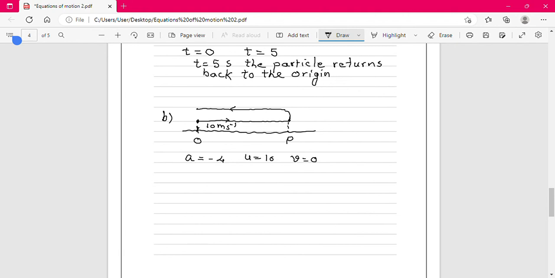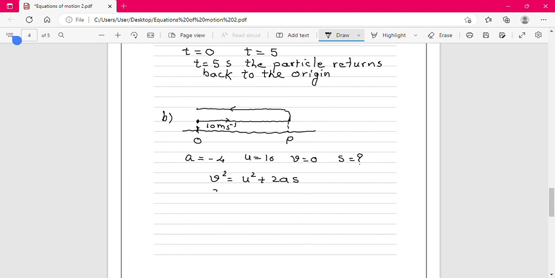You want to find out the displacement from O to P. So, which is the best suitable equation which will relate A, U, V and S? Obviously, V square is equal to U square plus 2AS.